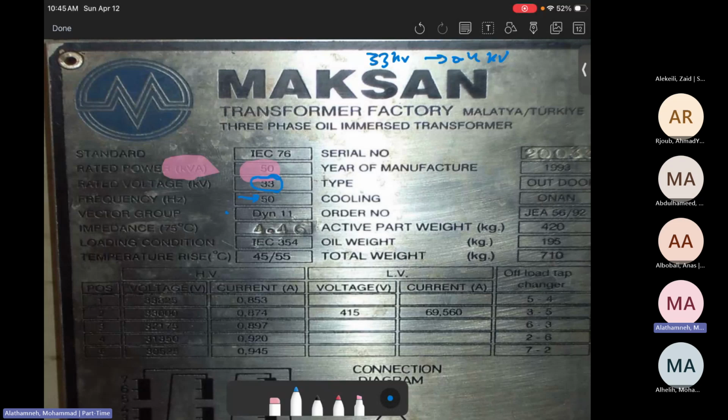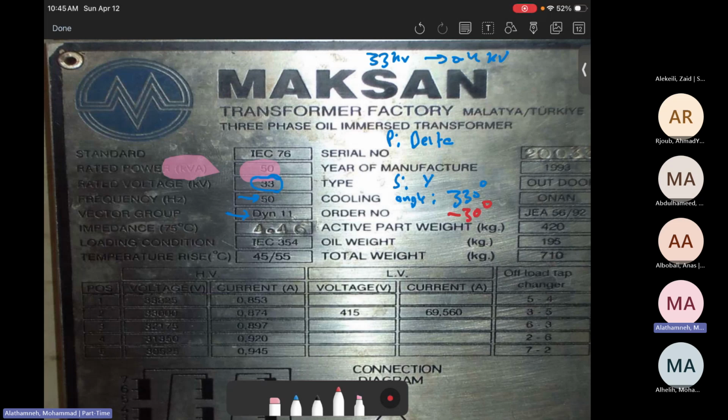Look at the vector group, Dy and 11. So D means delta, the primary is delta, and the secondary is Y or star. Then the angle here, since it's 11, means 330 degrees, or we can say negative 30 degrees.